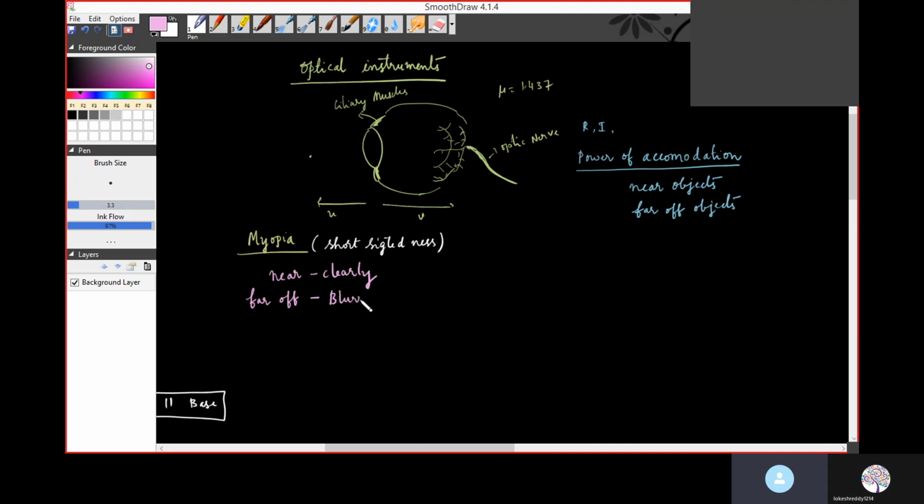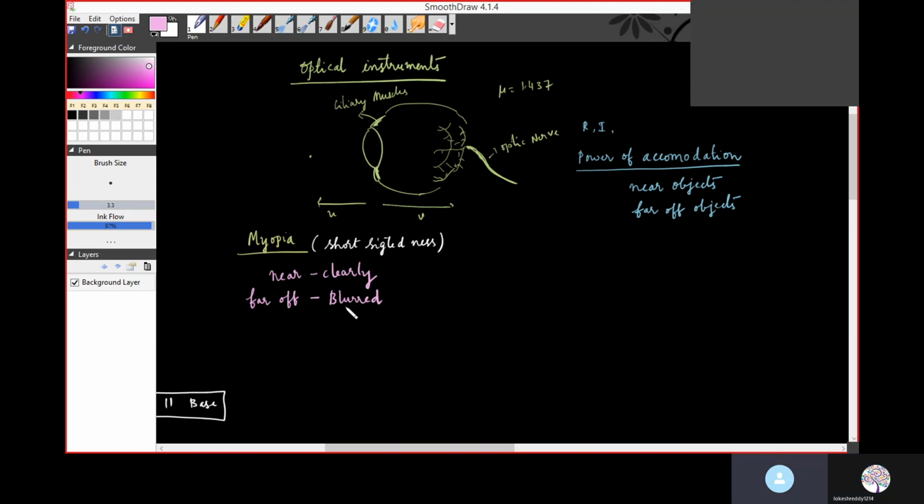This defect is called myopia. The reason for this is the focal length or radius of curvature of the lens got reduced, or the power of the lens increases.